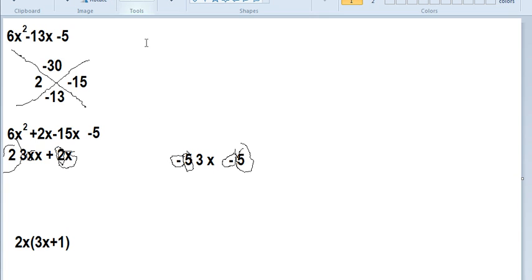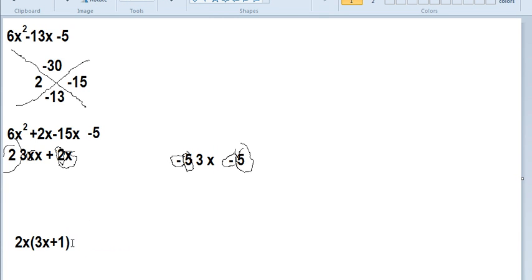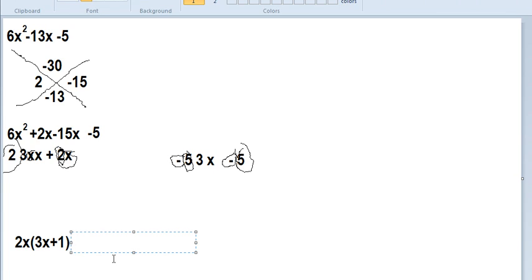So I come down here and put my minus 5, because that's what they had in common, right by my first answer, the first part of the next step. So minus 5, and then I have a 3x left over, and then nothing left over here, so I'm going to put a plus 1. Remember, whenever there's nothing left over, you need to put a 1 to hold the spot.